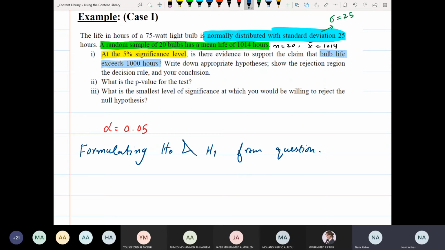Are you interested here in the average or the proportion? The answer is you are interested here in the average, not the proportion. In your syllabus, there are two parameters of interest, either mu or p, like the confidence interval. So the parameter of interest here is mu. You're talking about the average bulb life.